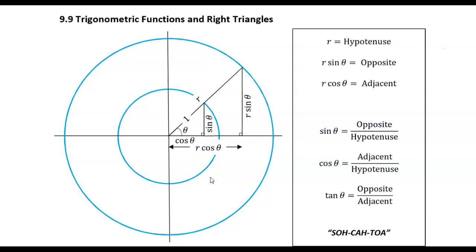Oftentimes people use this little mnemonic down here to remember the definitions of sine, cosine, and tangent: SOH CAH TOA. Sine is opposite over hypotenuse. Cosine is adjacent over hypotenuse. Tangent is opposite over adjacent. SOH CAH TOA is often used to help you remember the ratios of the sides.